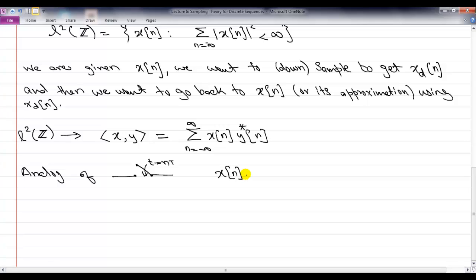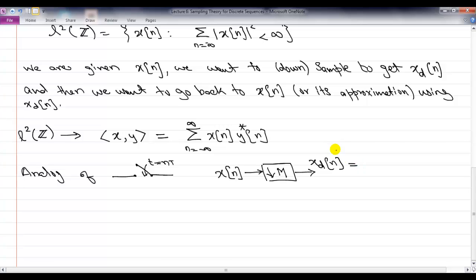Okay? So what we want is that we are given x[n], and the notation we will use is this standard notation, which is also called decimation or downsampling, x_d[n], which simply means that you collect all the samples every M unit steps of discrete time.